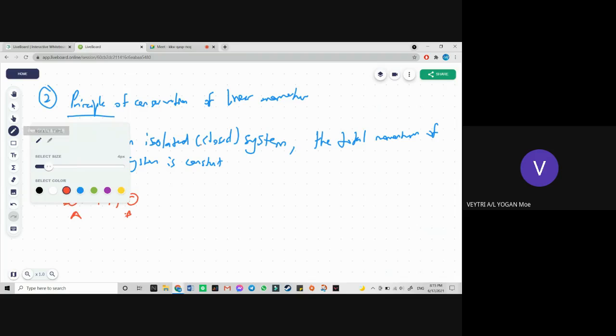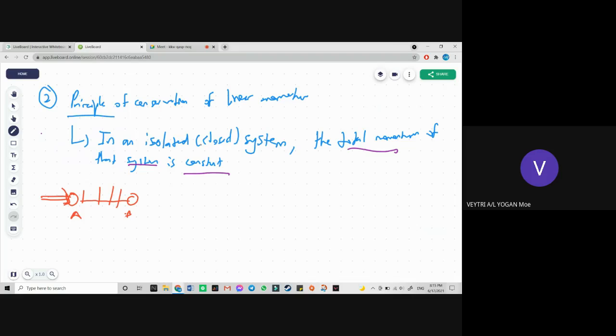Alright, now, how do we apply this principle into formulas? Dia cakap apa? Total momentum is constant. Total momentum tu apa? Kan just now we have learned final momentum, initial momentum. That is impulse. Final momentum tolak initial momentum. Now, it's principle of conservation. You nak conserve momentum tu.